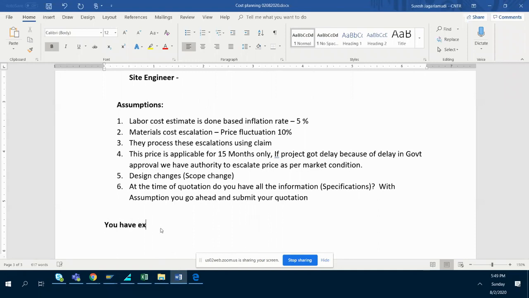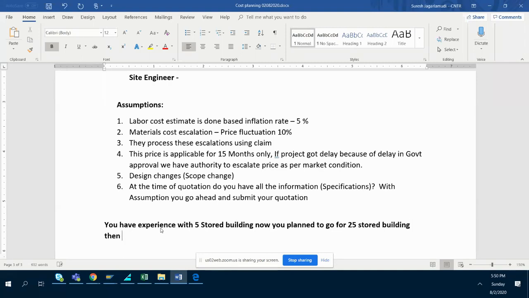You have experience with a 5-story building, and now you plan to go for a 25-story building.